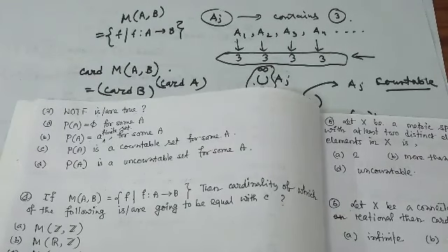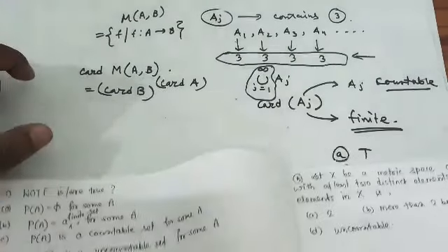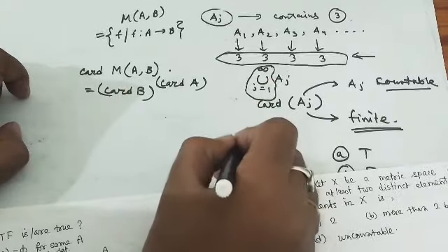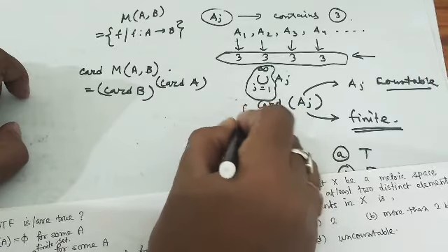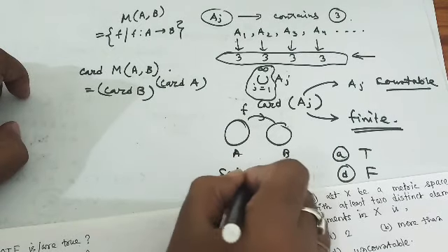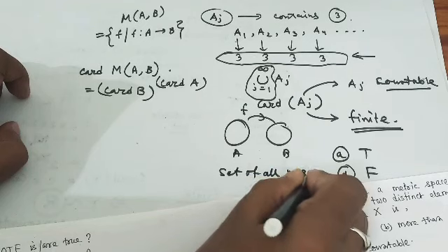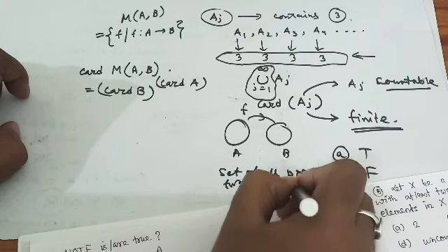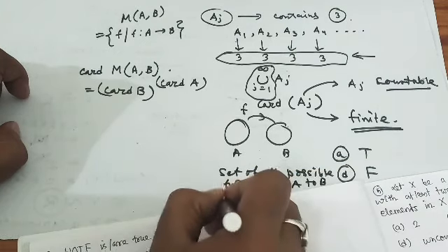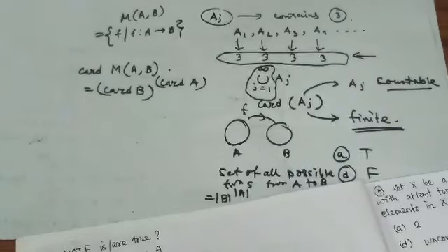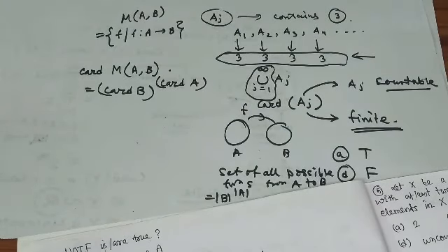If you are following all the videos, then you know that we discussed in the very preliminary videos that if we consider the set of all possible functions from A to B, that is B to the power A, its cardinality is the cardinality of B to the power cardinality of A. In fact, it is the whole number of possible functions.